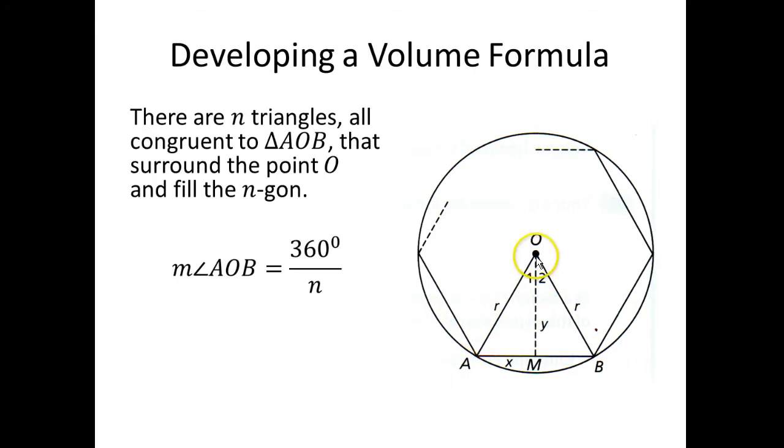Since there are n of these triangles, the measure of angle AOB is 360 degrees divided by n. Since angle 1 and angle 2 have the same measure, the measure of angle 1 is 180 degrees divided by n. So the measure of angle 1 is 180 over n.